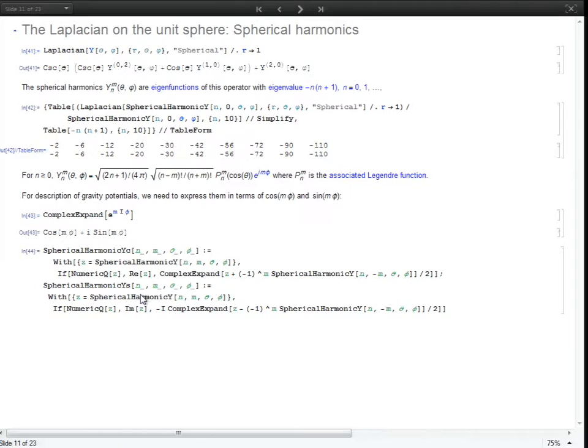The built-in Mathematica functions are complex. They are not suitable for our applications, so we need to decompose them into a real and imaginary part. So this was the hardcore part, and now comes the graphical part.